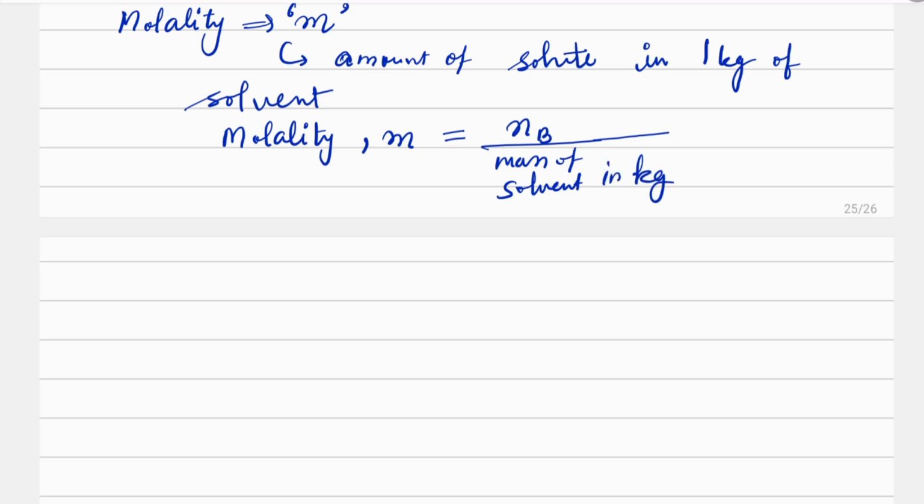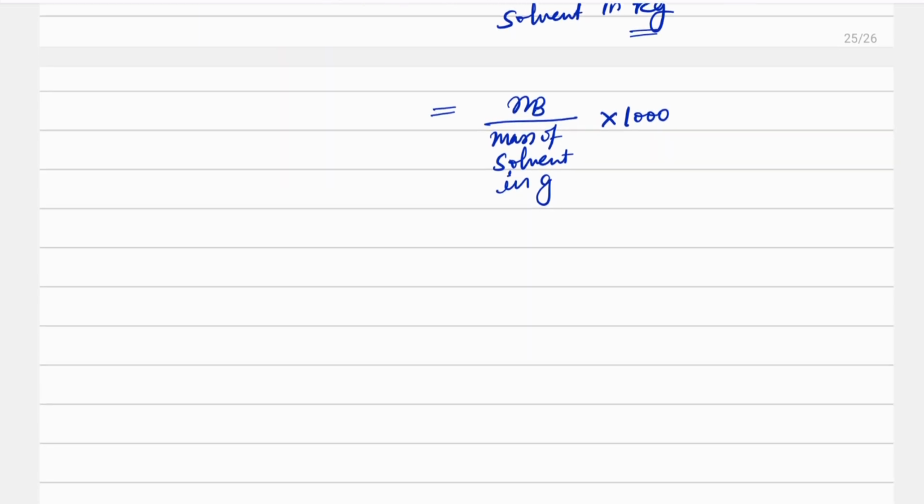Most of the time, once again, because kilogram is a big term, we don't take it in kilograms and we convert it into grams. So it becomes number of moles divided by mass of solvent in grams, multiplied by 1000. And when we talk about the unit of molality, it is number of moles divided by mass in kilograms.